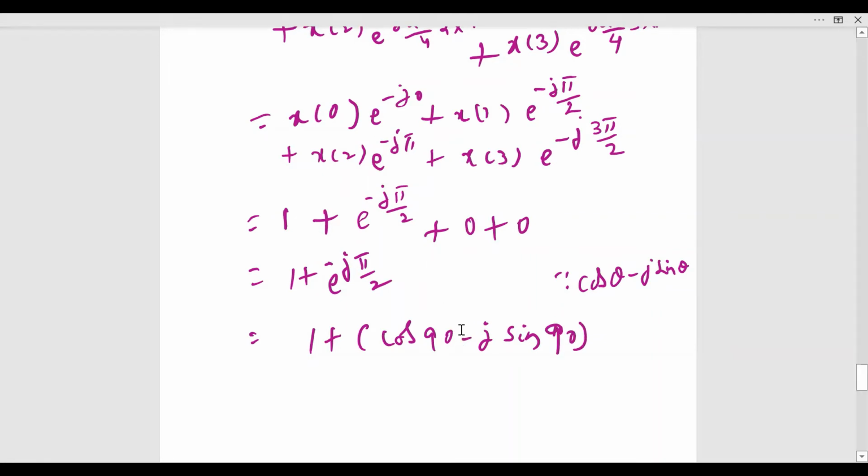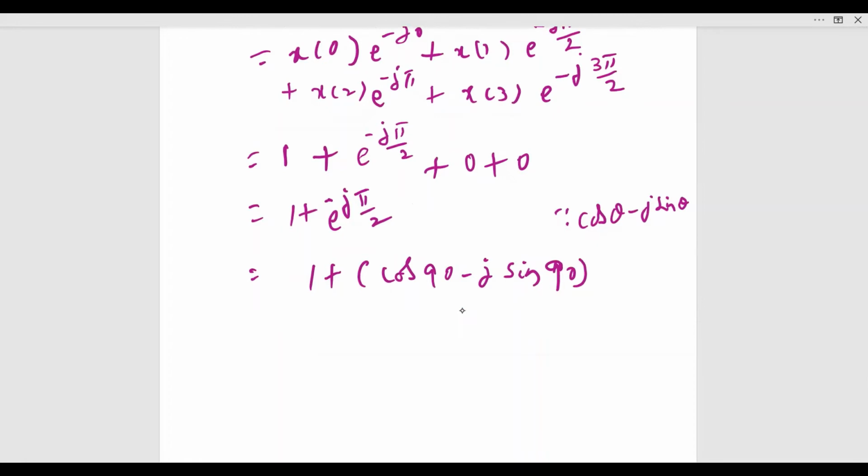And you know, cos 90 is 0 and sin 90 is 1. So we get minus j into 1, that is minus j.